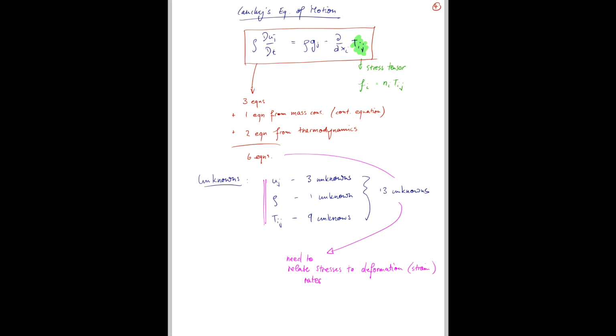And that will eliminate some of the unknowns associated with the stress tensor, because the strain rates, if you remember, are just typically functions like du_i dx_j. So if we can replace the tau_ij by something that's just in terms of u, then we're eliminating some of the unknowns. And the way we relate stresses to strain rates is using a constitutive equation. And that's going to be our next chapter.